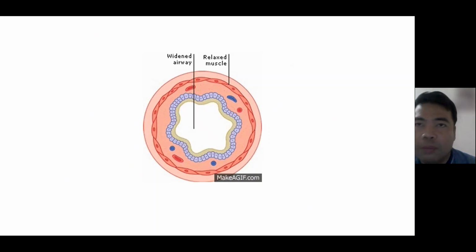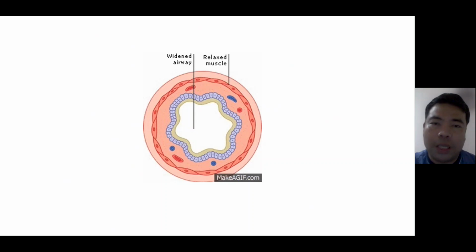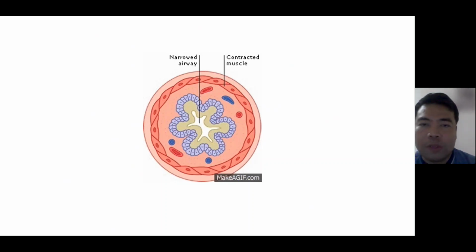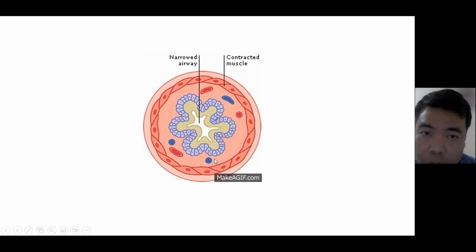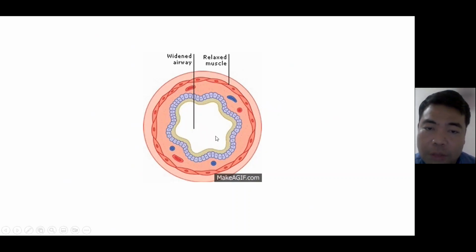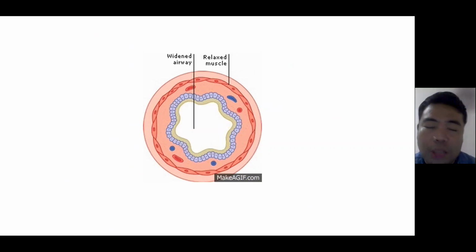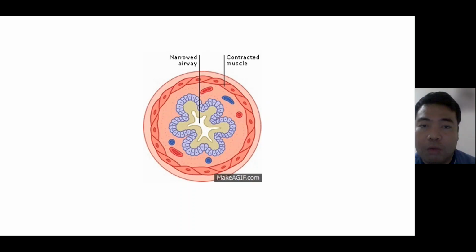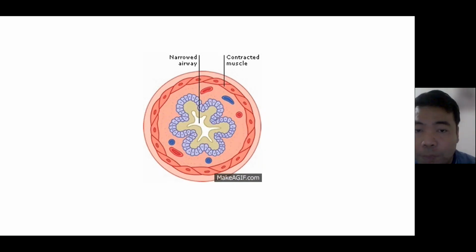For example, asthmatics who inhale animal dander, dust, or smoke, because of the sensitivity of the airway, the tendency is for the smooth muscles to contract, resulting in bronchoconstriction. And look at how the airway becomes very, very narrow. That is why when there is an asthma attack, you can hear the patient's breathing, a wheezing sound.